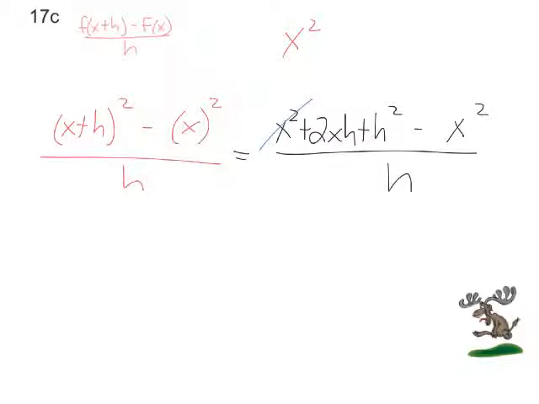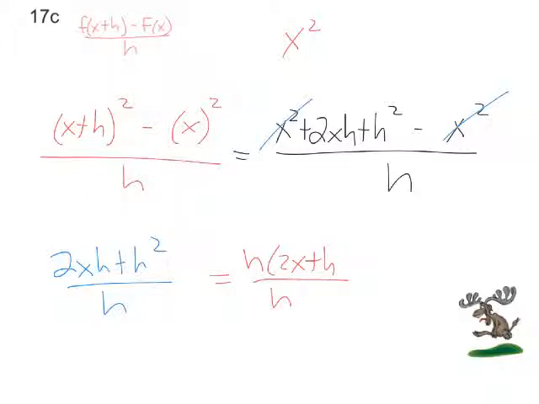Our x squared cancels with our x squared, and we're left with 2xh plus h squared over h. And we're able to factor an h out of the top and bottom. So once we do that, we have h times 2x plus h over h, and the h's cancel, and we're left with 2x plus h as our final answer.